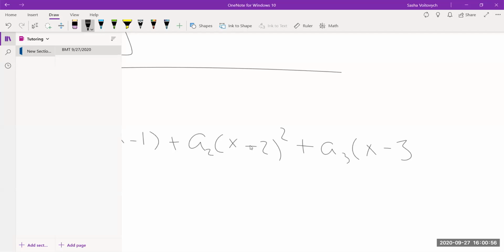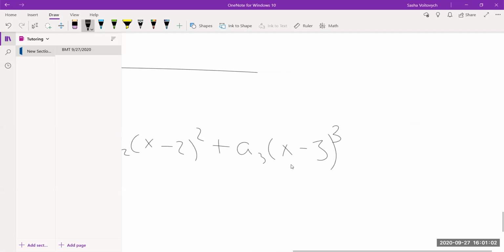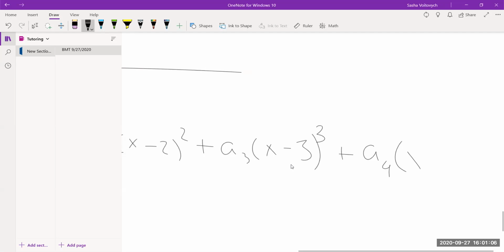So the problem says x minus 3 to the power of 4, but I assume that was a typo. So this should be 3. So a4 is going to be (x minus 4) to the power of 4.